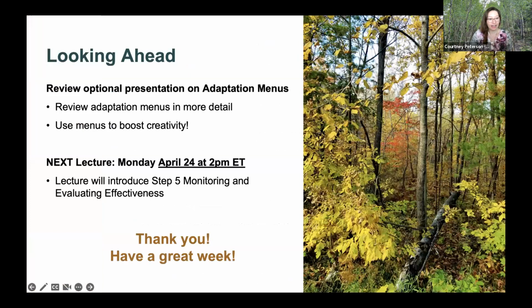And then looking ahead, next week, we have just our normal lecture on Monday, April 24th. And Luke and Adrian are going to be walking us through step 5, which is monitoring and evaluating effectiveness of all of these tactics and actions you're going to pick this week. And so don't forget, we got lucky today to see everybody twice.